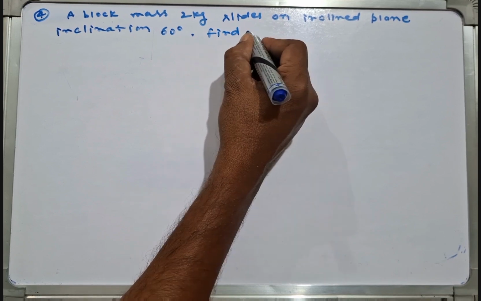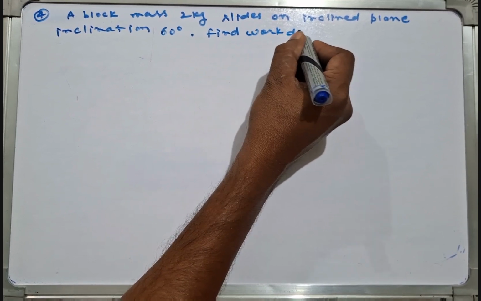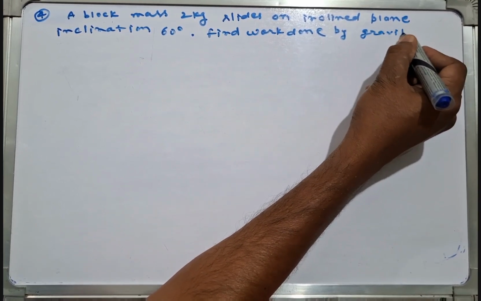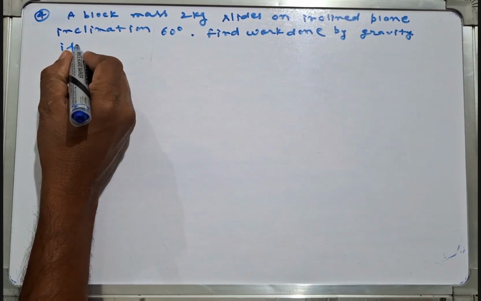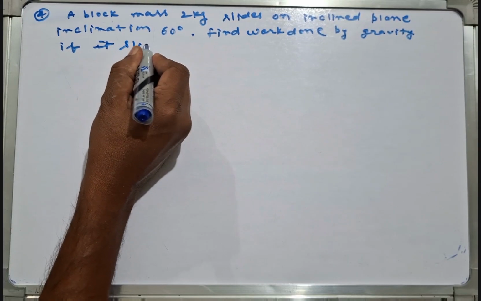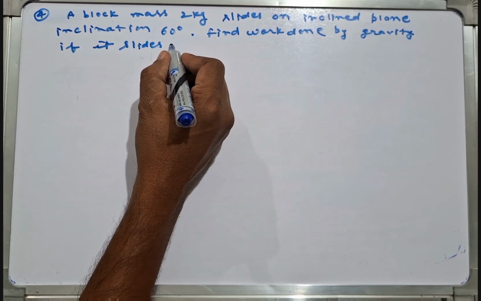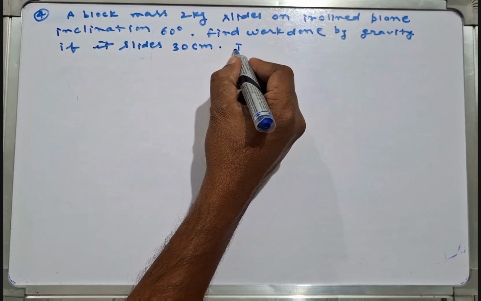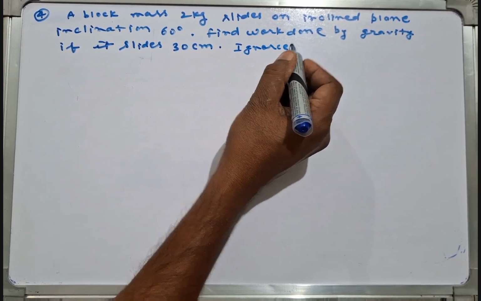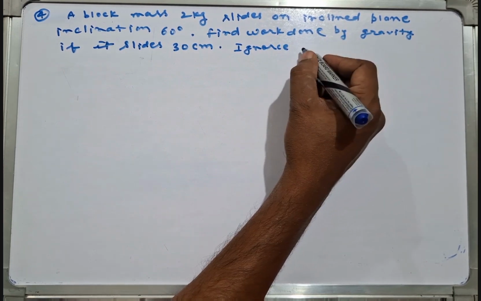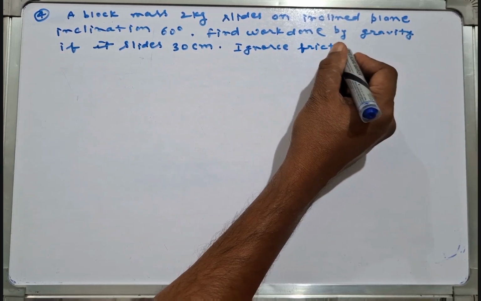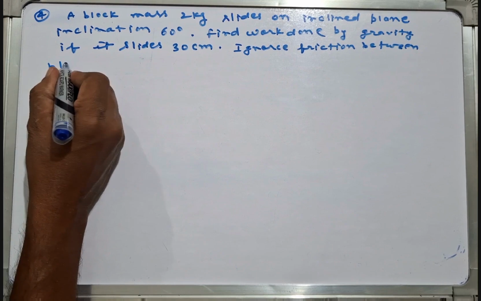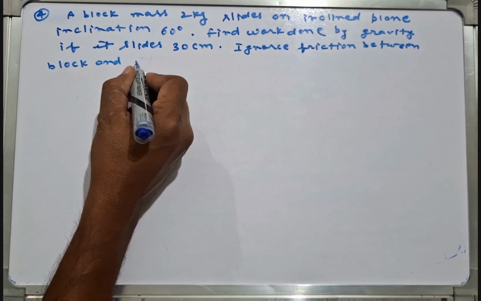Find the work done by gravity if it slides 30 centimeter, and ignore friction between block and inclined plane.